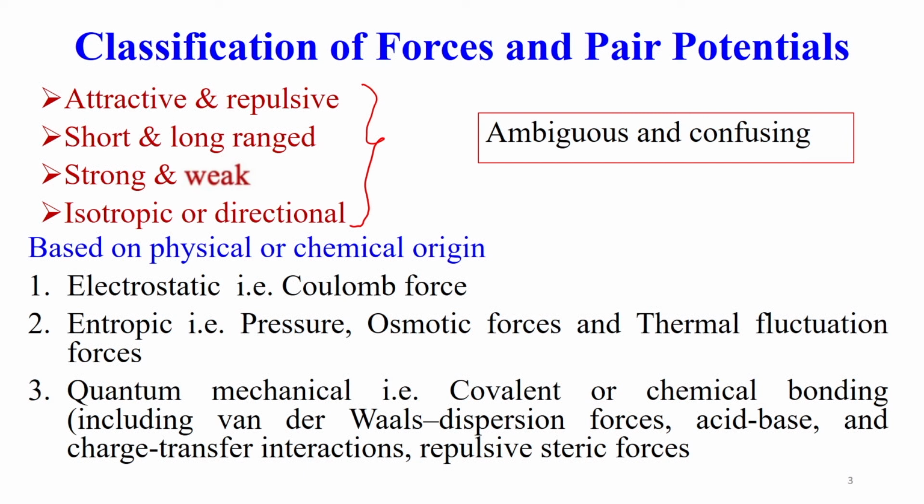But here the issue is that this classification has a lot of ambiguity and is confusing, because a force may fall into different categories. Also, the nature of a force depends on the environment.